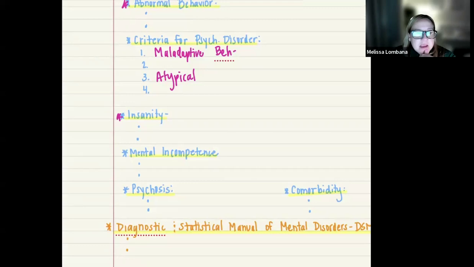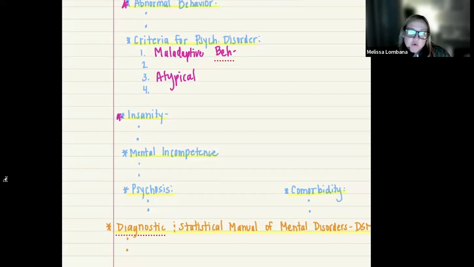Now, many times the court system will use this for people with mental illnesses that have committed a crime, and so they'll use insanity. I will say it's very rare for the person to be able to get away with it using this term. And then there's also the mental incompetence, which is also another legal term.